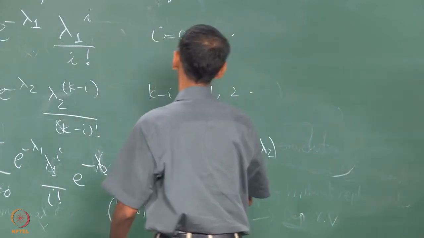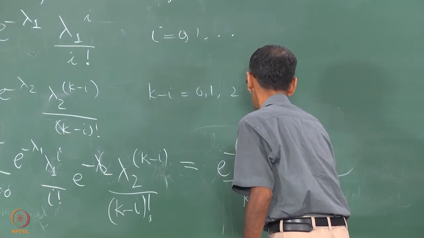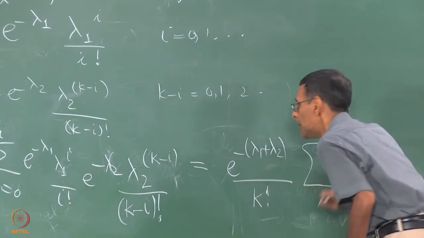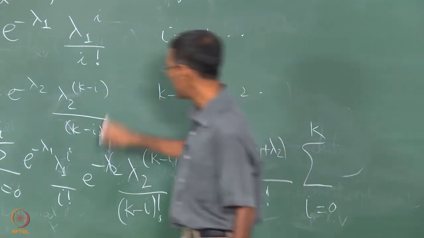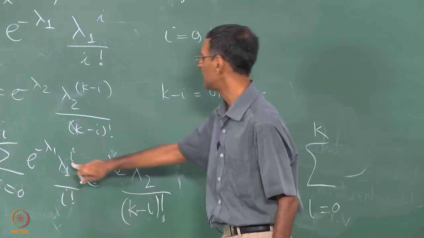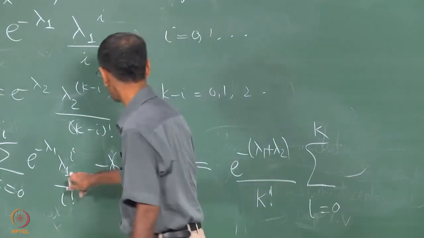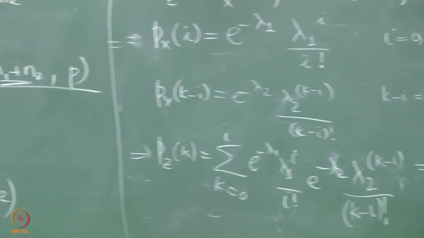So what do I get if I divide by k factorial and multiply by k factorial and keep it inside? I will get the sum over i equal to 0 to k. I have k factorial in the numerator, I have i factorial, I have k minus i factorial, I have lambda 1 to the power i and lambda 2 to the power k minus i. So what is all of that going to become?